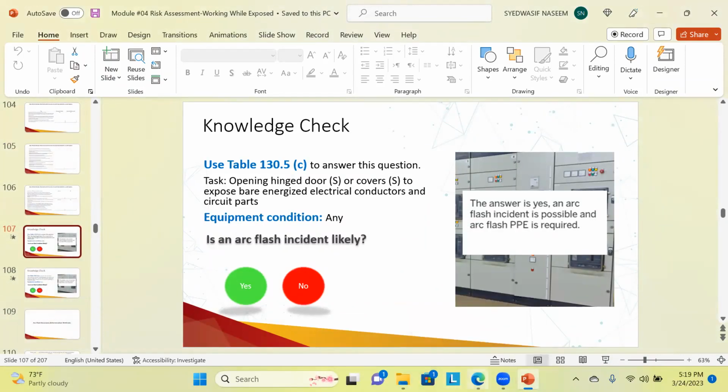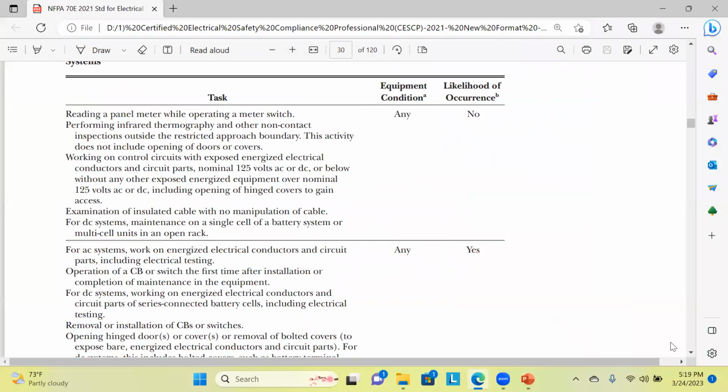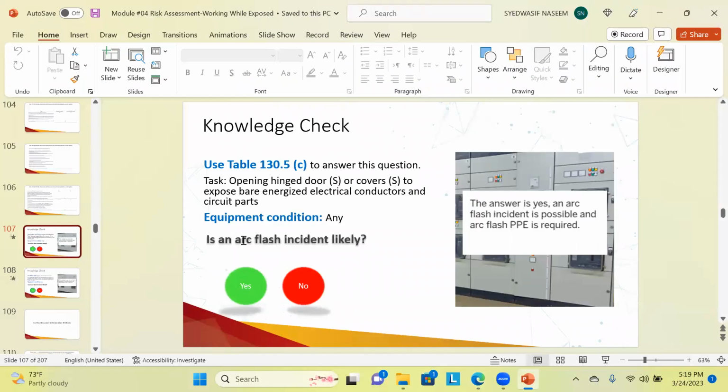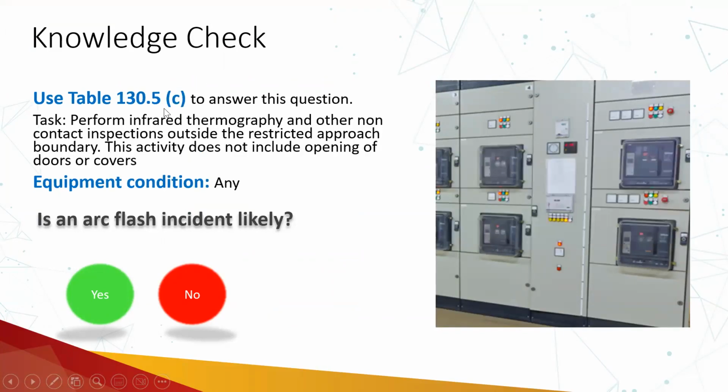Opening hinged door covers or removal of bolted cover, etc. Equipment condition is any, the likelihood of occurrence is yes. So the answer is an arc flash risk assessment is likely, yes. The answer is yes based on table 130.5C.